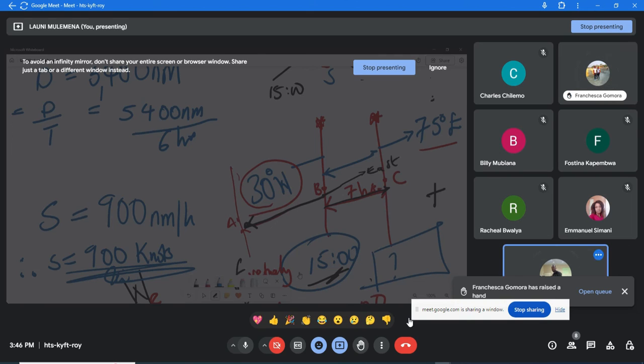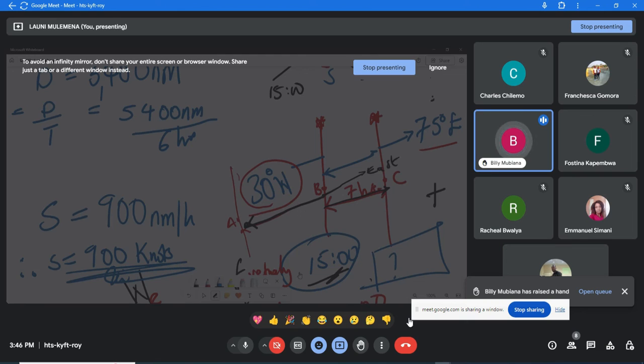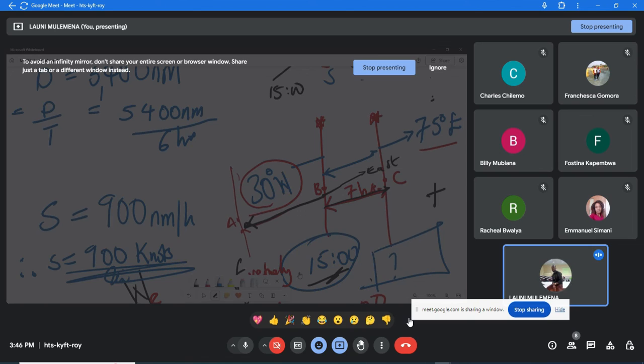Okay, another example, then we can move to another topic. Yes, Billy, your hand is up as well. Concerning Earth geometry, I think you can just give us an exercise. Okay, all right.